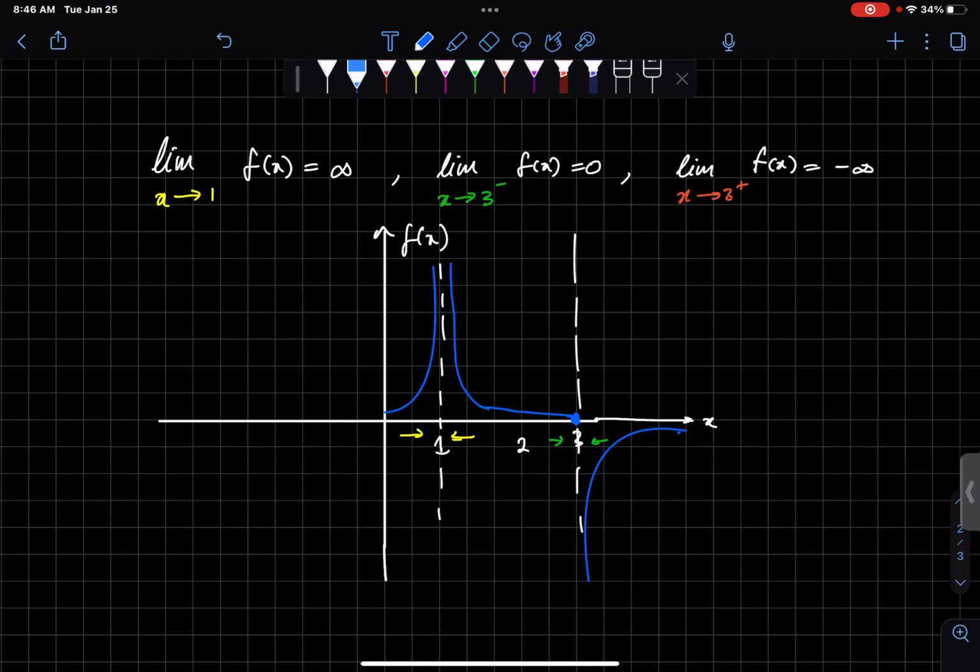If there's a hole here, the function would not be defined at 3, but we could still have a limit at 3. I'm just saying this function is defined at 3, and the limit as it approaches 3 from the left is 0, and from the right is infinity. And this satisfies our requirements. Okay?